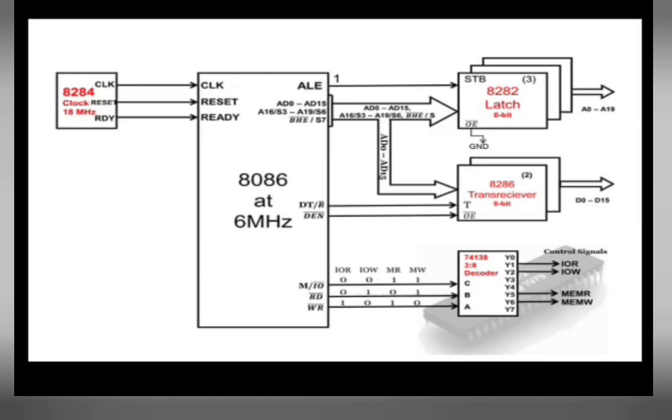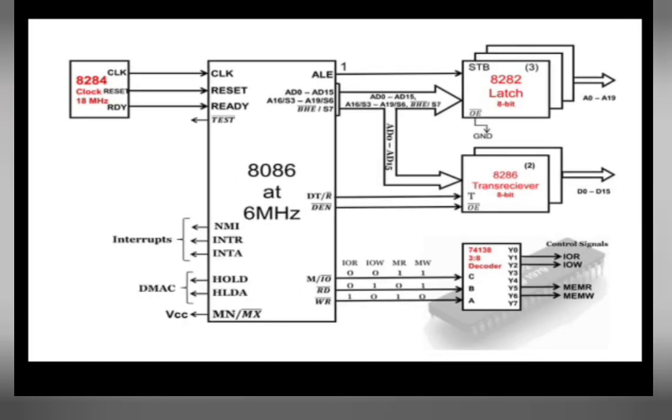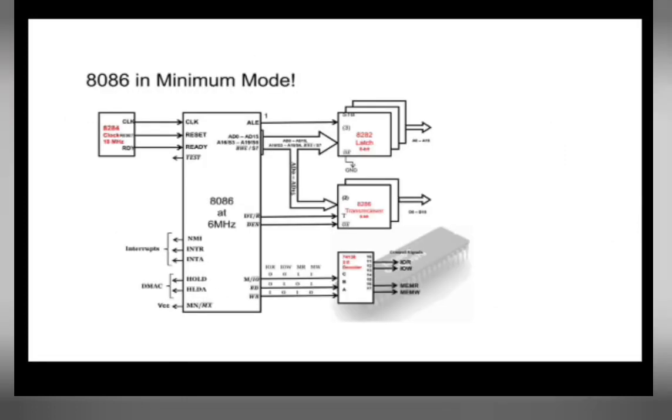This diagram represents the interrupt signals: non-maskable interrupt NMI, INTR the interrupt signal, INTA the interrupt acknowledgement, and DMA with hold and hold acknowledge. Here we see VCC equals MN by MX, which means MN mode is activated by giving the supply VCC, that means logical 1.